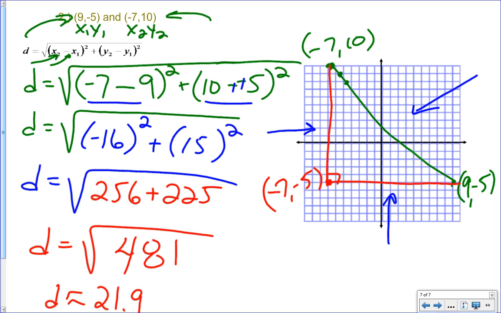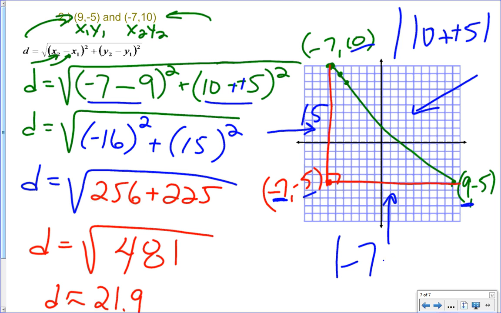Okay. So now if you want to, this is straight vertical. So I'm going from 10 to negative 5. Could you use that little absolute value thing we learned the other day? Yeah. Absolute 10 minus a negative 5. How far is that? 15. From here, I'm going from negative 7 to 9. Could you use that again? Sure.